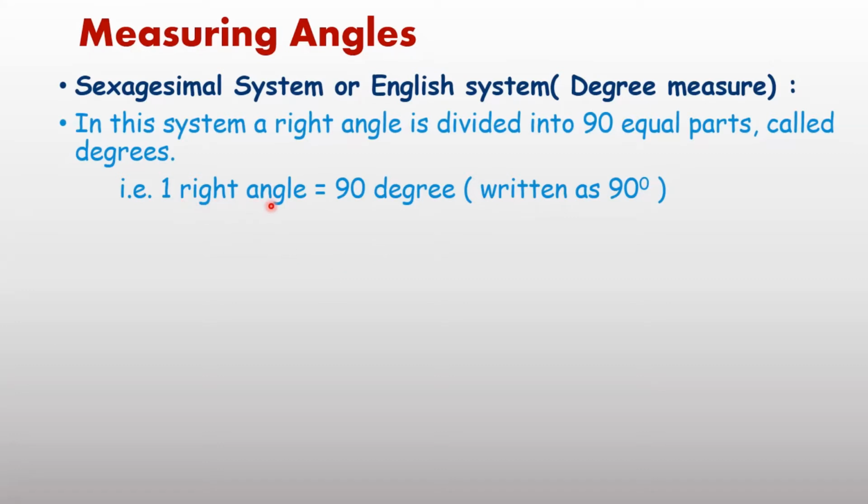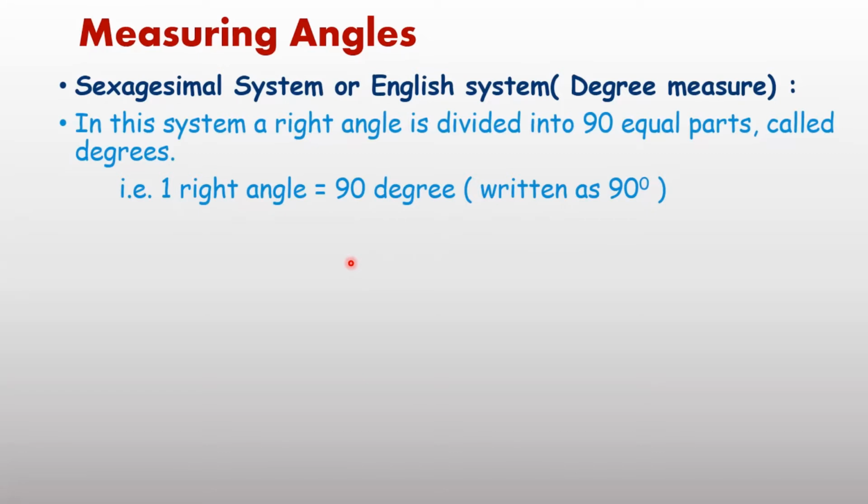If we divide a right angle in 90 equal parts, then each part is known as 1 degree and written as 1°, which is the symbol of degree. This part is clear.